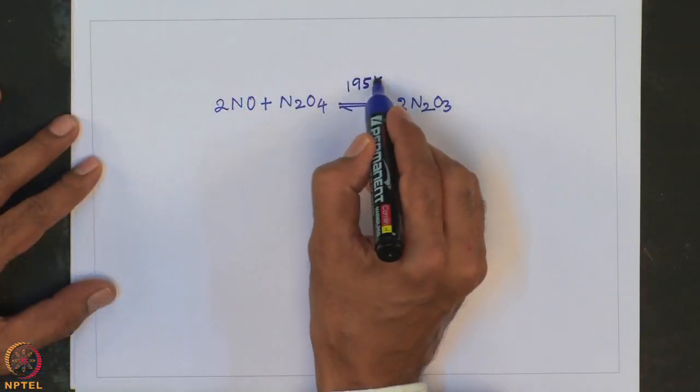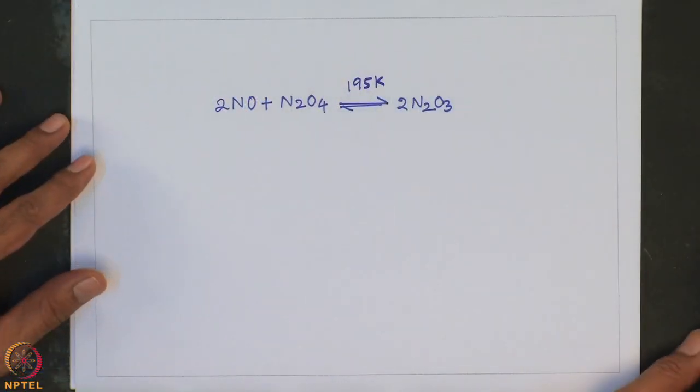Dinitrogen trioxide is obtained as a dark blue liquid in the reaction of NO and N2O4 at low temperature. That means temperature should be around 195 Kelvin. You should remember we have to do it at very low temperature. Okay. If temperature is raised, it will dissociate back to give NO and N2O4.